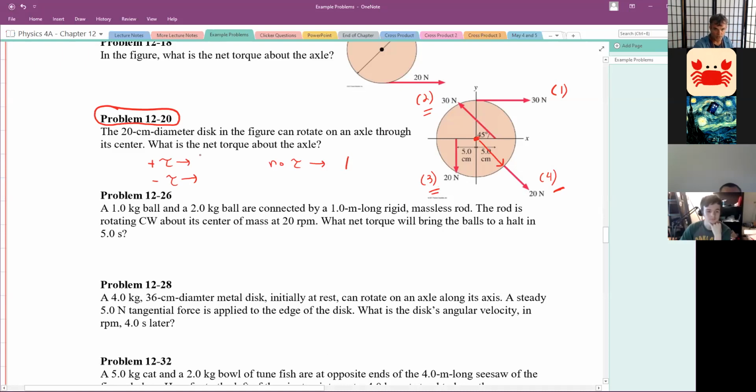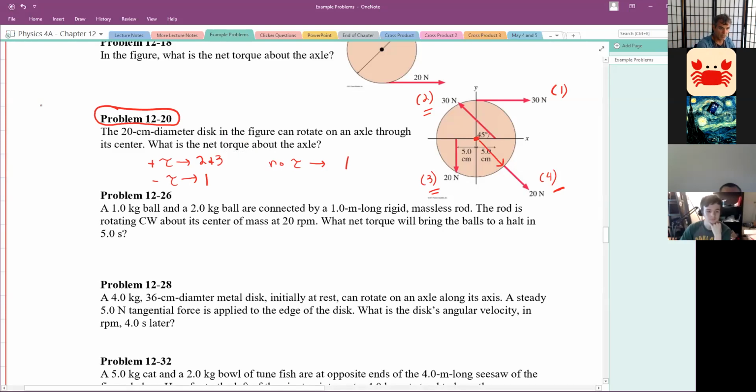So forces 2 and 3 would produce positive torques. Force 1 would cause this to rotate clockwise, so it would be producing a negative torque. Tomorrow we will start with this and mathematically calculate the net torque.